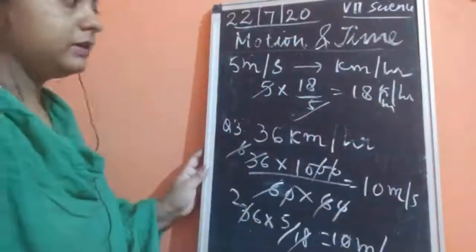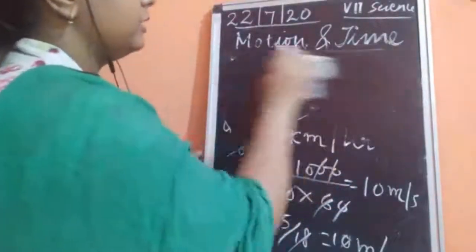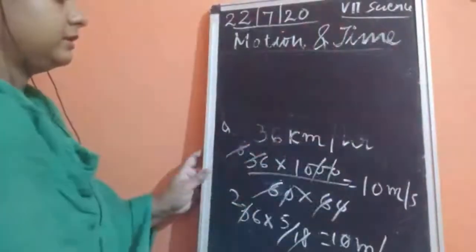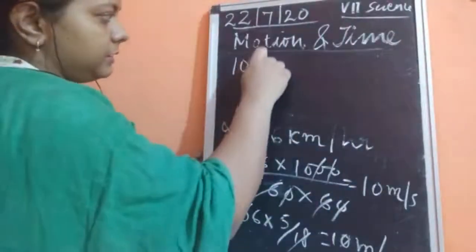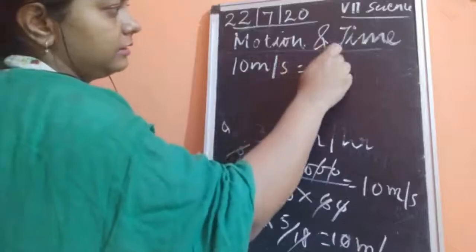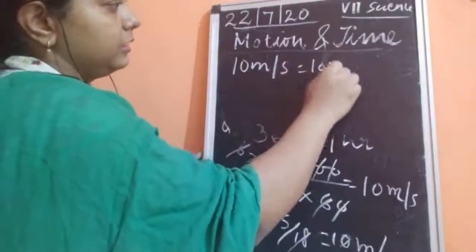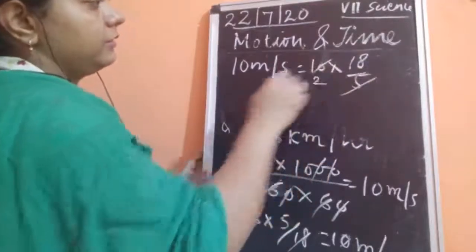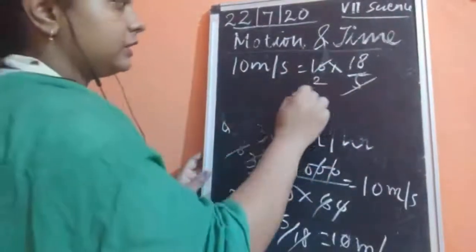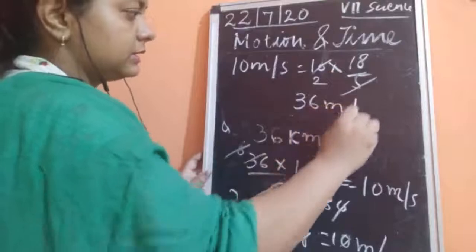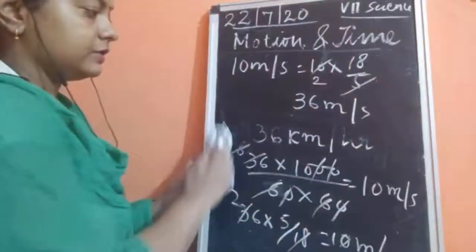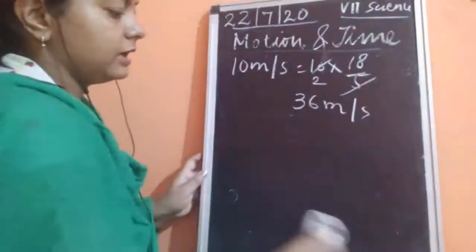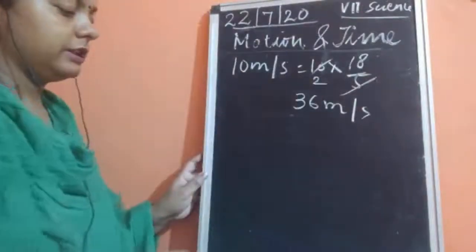Similarly, if you need to convert 10 meter per second, you get 10 into 18 by 5. 5 twos are 10, 18 twos are 36 kilometer per hour. So this is how you can get and check your answer while converting.